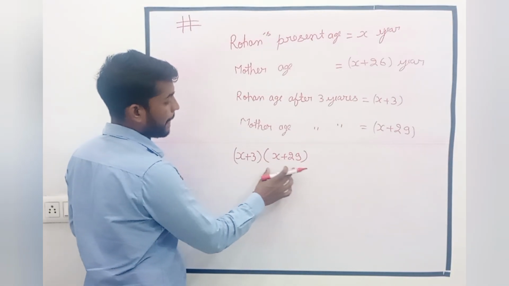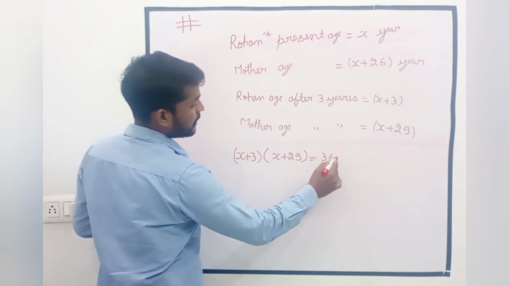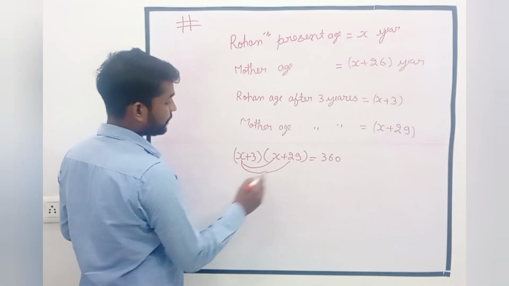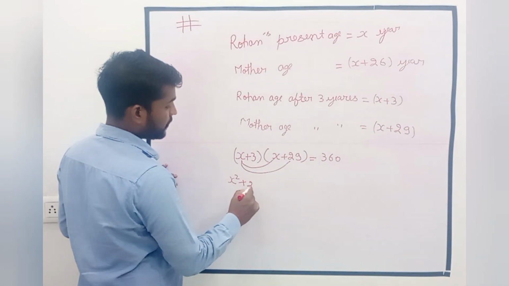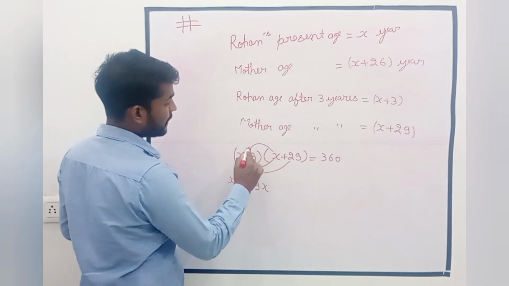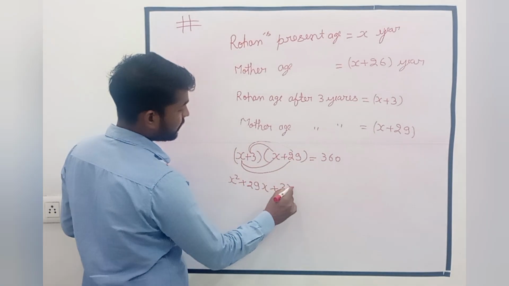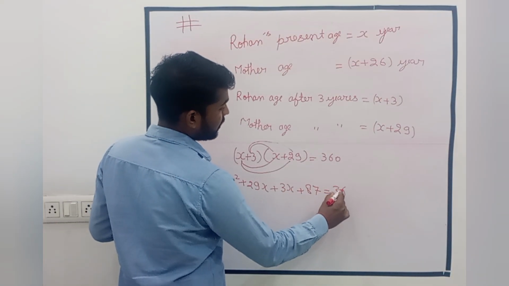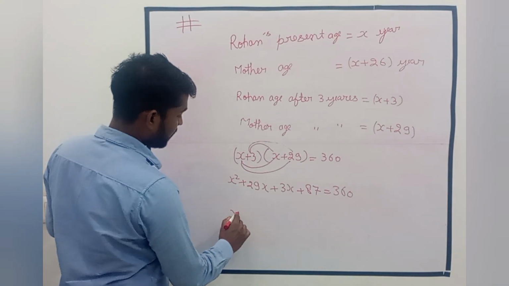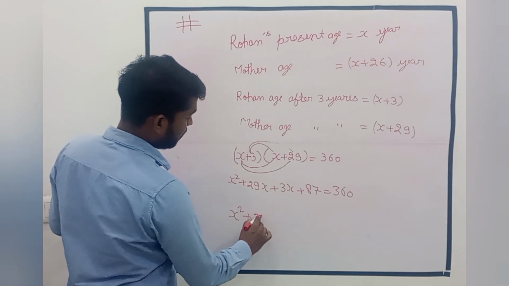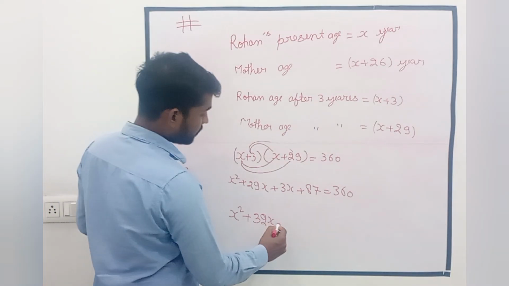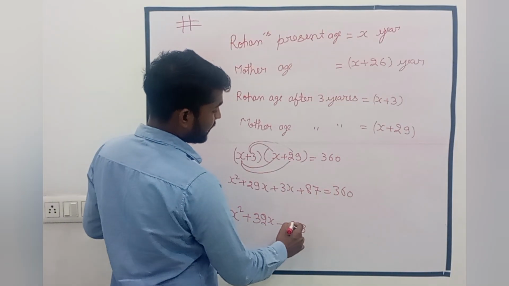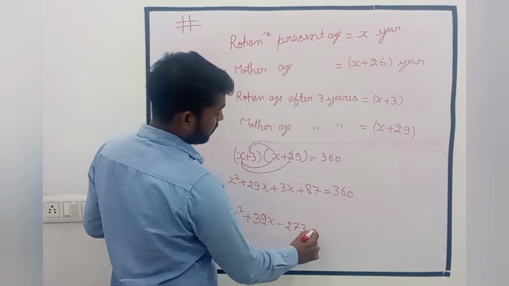This is Rohan after 3 years, and this is his mother after 3 years, and the product of these is 360. We multiply: x times this becomes x square plus 29x, and now we multiply this, which becomes 3x, and this becomes 57. Equal to 360, and we now form the quadratic equation x square plus 32x minus 303.